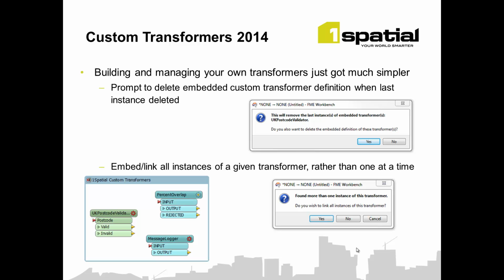The important thing there is that because a custom transformer can ultimately be exported to an FMX file, a shareable resource, if you link to that shareable resource in your workspace, then if somebody changes the FMX file, your FME workspace will reflect that change. If you embed the custom transformer, then any external changes will be ignored. Effectively, it's local to the FMW file.